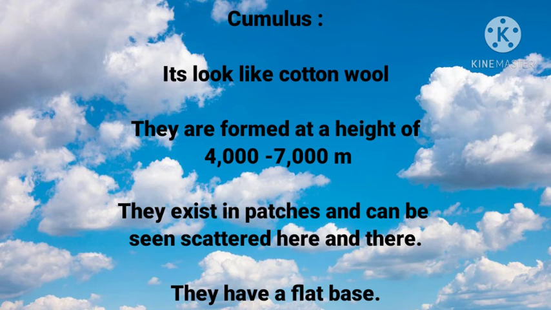It is a cloud of considerable vertical development, though less so than in the cumulonimbus. So in that condition it is known as the cumulonimbus. The upper parts are dome shaped and have a shape of cauliflower, and these are generally formed at the height of 4000 to 7000 meters.